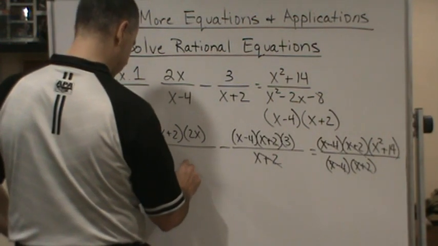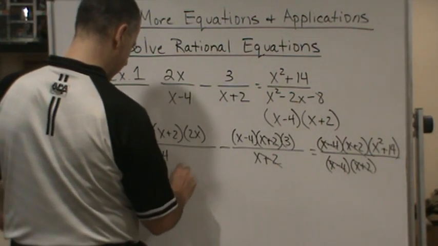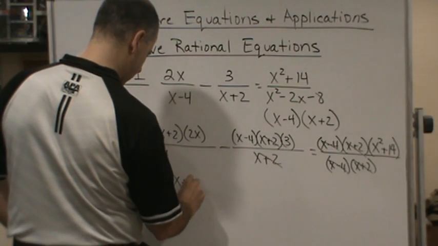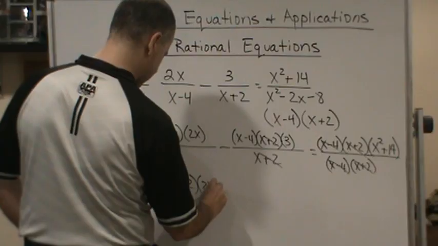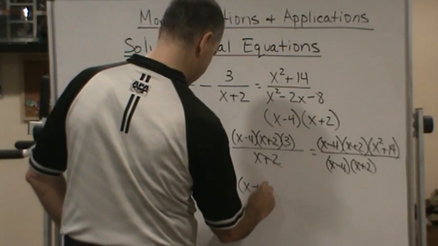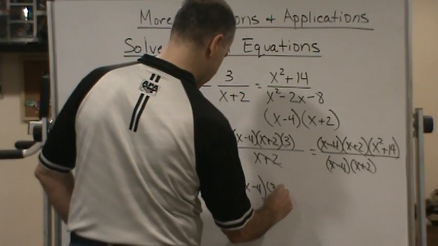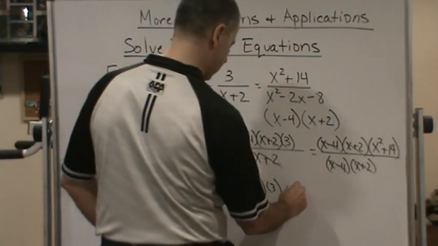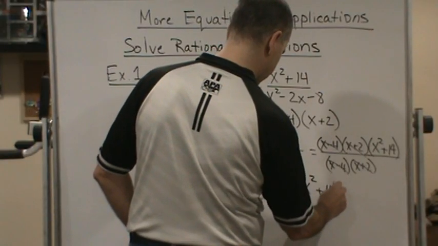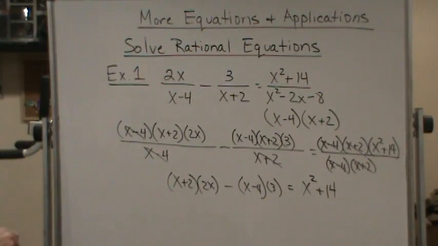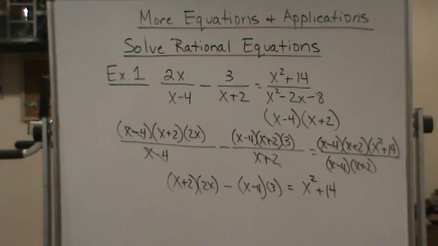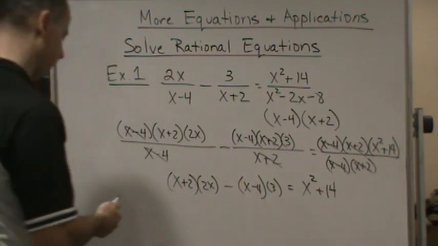So it's going to be x plus 2 times 2x, minus x minus 4 times 3, equals x squared plus 14. Now I can simplify this, make it into a polynomial equation and solve.